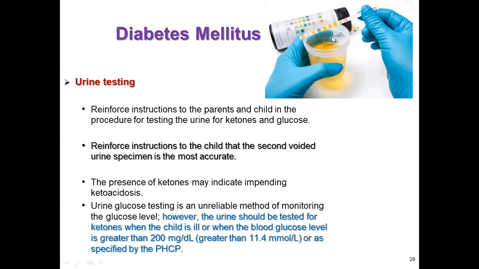When you put the strip in the urine, the particular color indicates the ketone bodies. So if we see the urine positive for ketones, or the patient confused or breathing rapidly, we have to notify the healthcare provider. In both cases, hypoglycemia or hyperglycemia, we have to manage the patient very carefully.